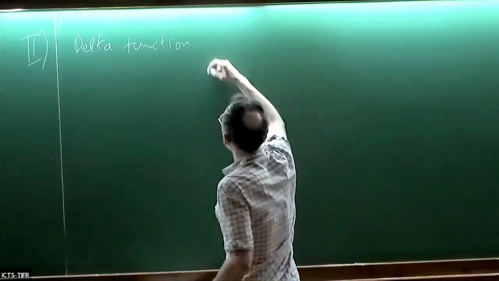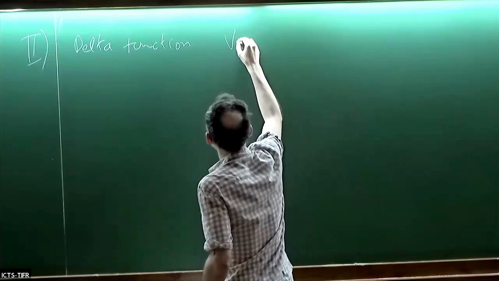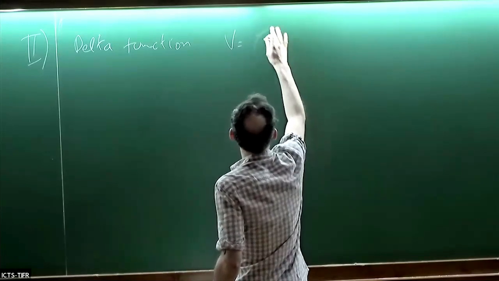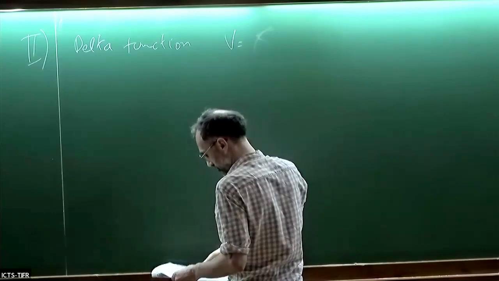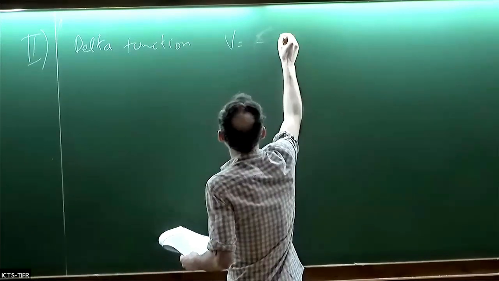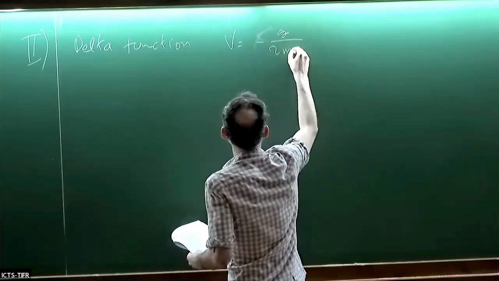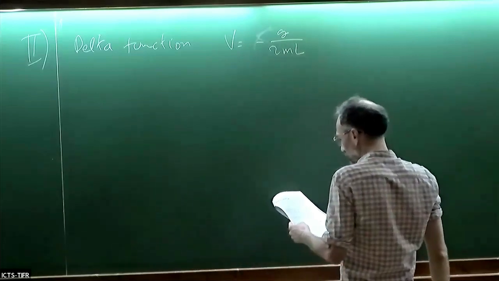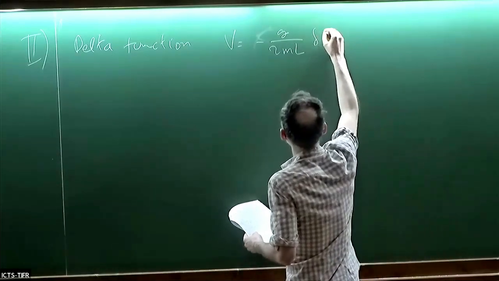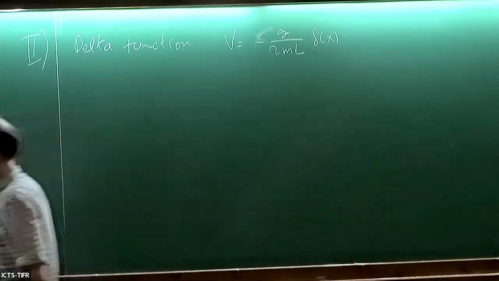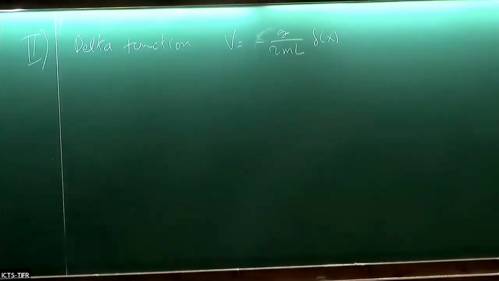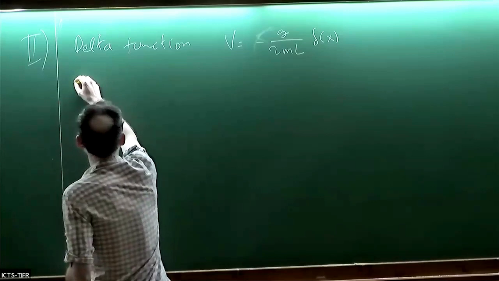Now the potential is again in our conventions, let me get it right this time, minus G over 2M L times a Dirac delta. In this case, our potential looks like an infinitely peaked distribution around the origin.